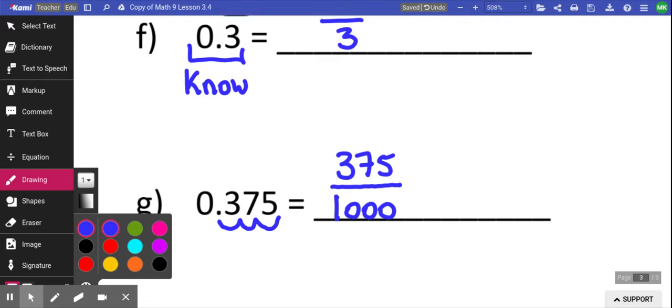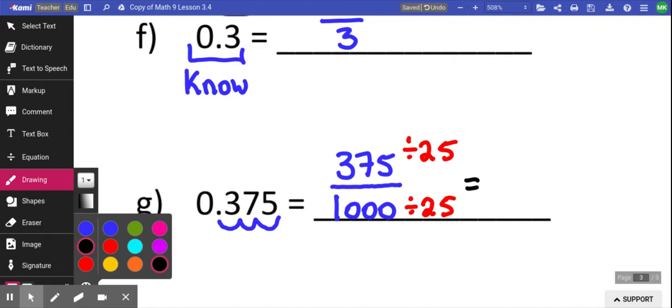Anything that ends in 25 or 50 or 75 can be divided by 25. So if you look at 375, because it ends in 75, I know I can divide this thing by 25. It might take me some counting to do it in my head, but I know it's going to happen. And 1,000, because it ends in 00, I know can divide by 25.